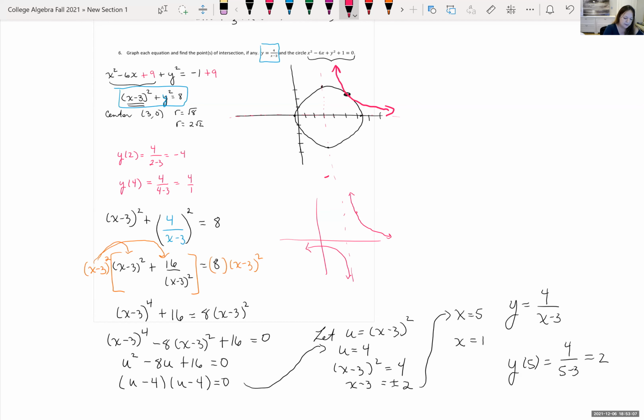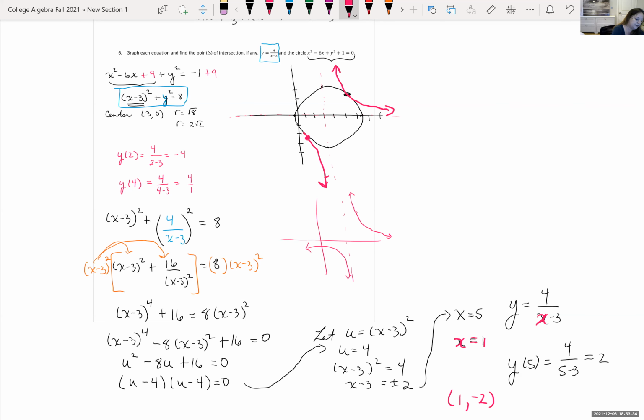And now let's see what's happening when x is 1. So if we plug in 1 wherever we see an x here, we get 4 all divided by 1 minus 3. So 4 divided by negative 2, which is negative 2. So we also have a point at 1, negative 2 right here.